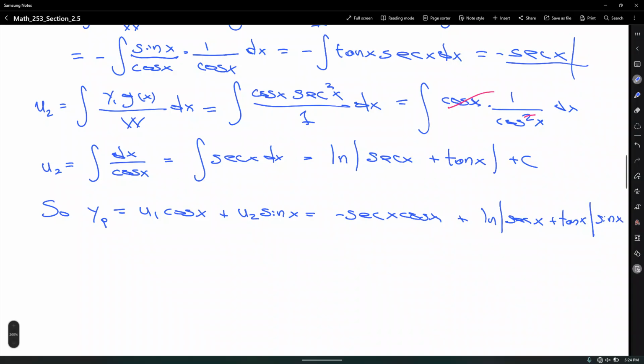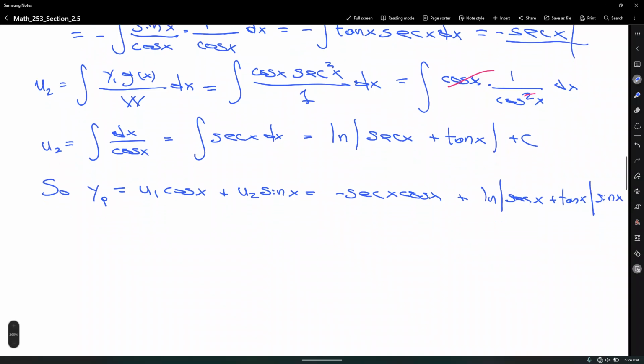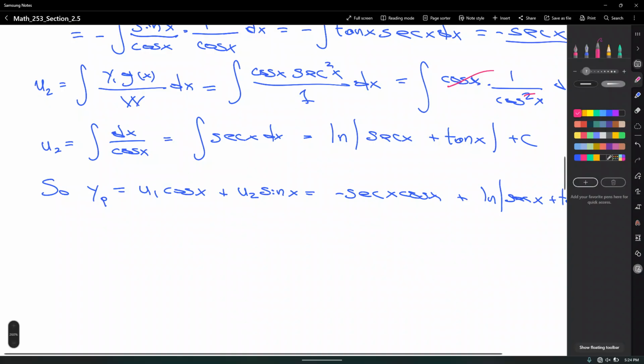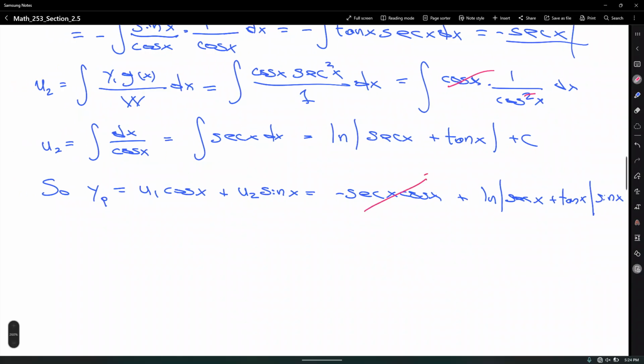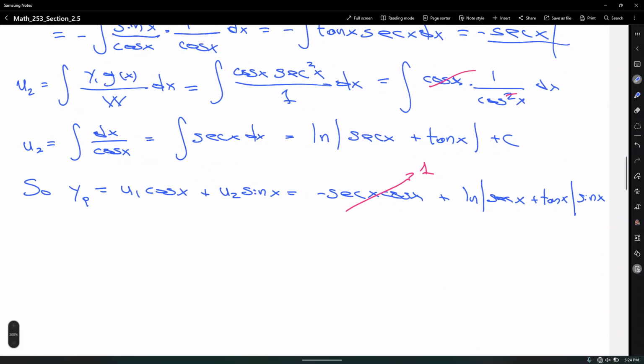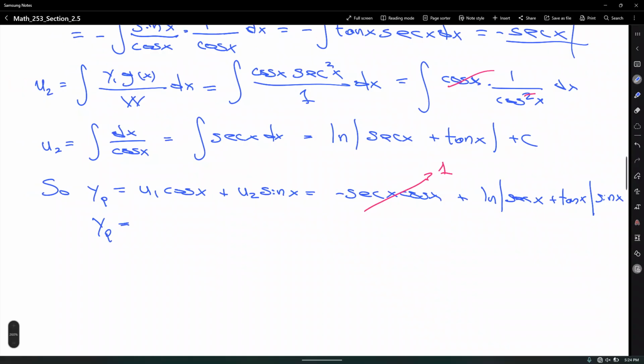And it seems like we can do some reductions as well, because secant and cosine are reciprocal identities. This is equal to 1 times the negative, that's going to give us a negative 1. Let me just rewrite all this. So y sub p will be, let me write the sine in front of the ln, sine x ln of absolute value of secant x plus tangent x, and I'm going to write the minus 1 at the end.